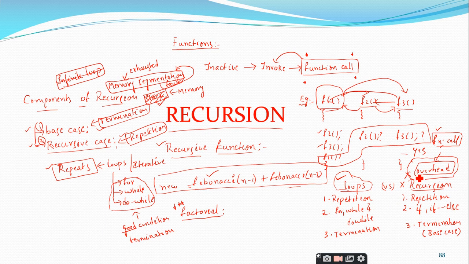This is very important, right? So that question is clear, right? When to prefer loops and when to prefer recursion. If performance is not a criteria, then you can write your program either using loops or recursion, nothing wrong in it. But when performance is a very important criteria, better write your programs using loops instead of recursion.